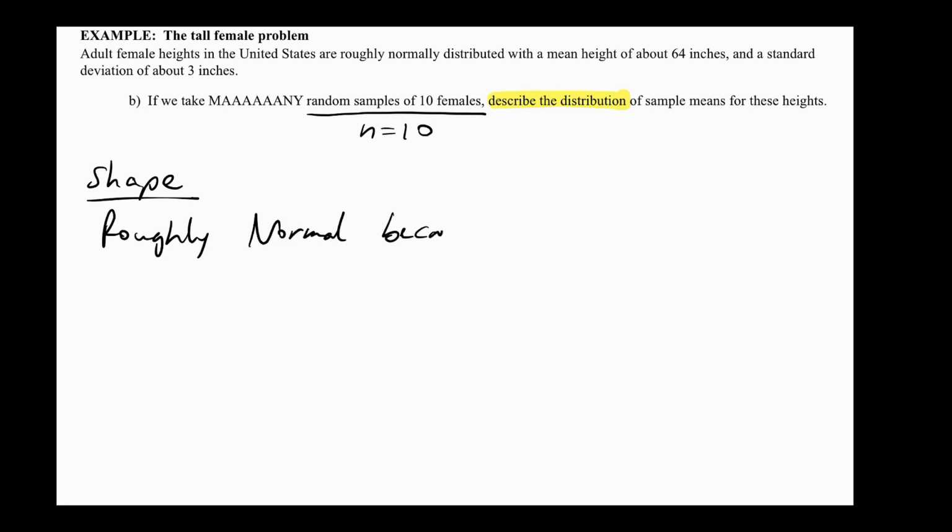I should put stated as roughly normal. So if that's true, then all of my samples of 10 are also going to be roughly normal.